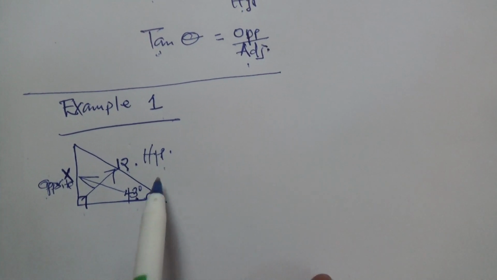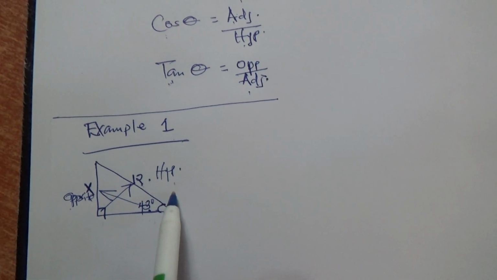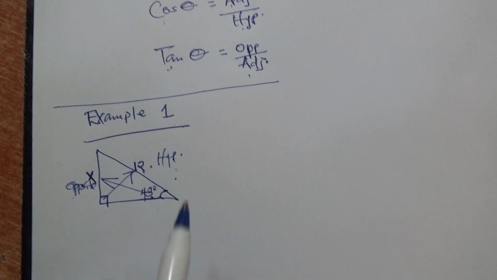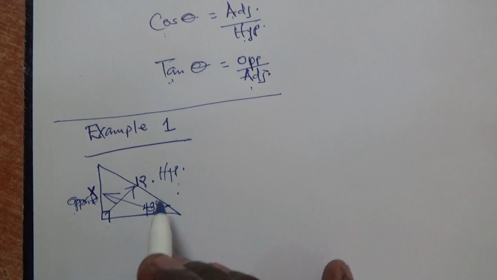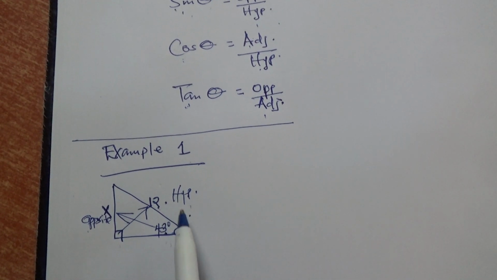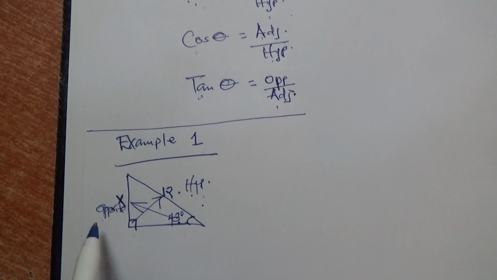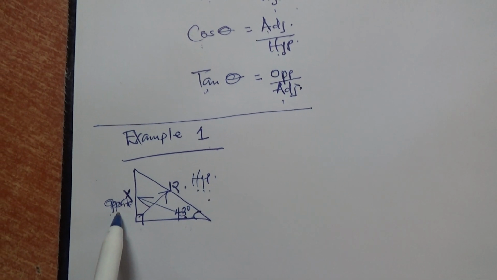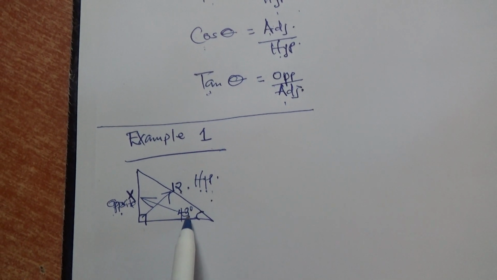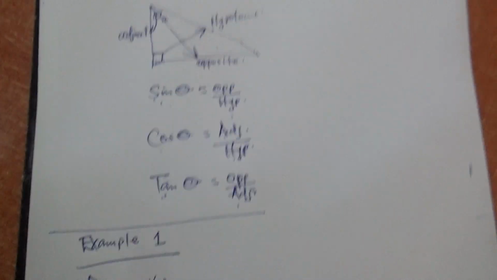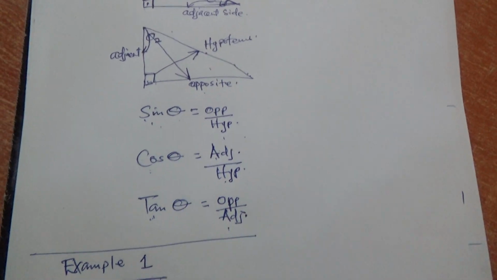The opposite and hypotenuse, I'm sorry for that interruption. The opposite and the hypotenuse, it means if you have identified the opposite and the hypotenuse, then you have the angle here, and from this relationship we are looking for sine theta.